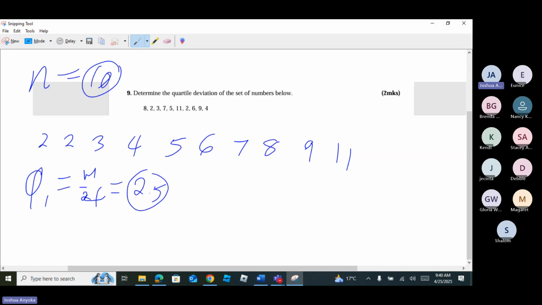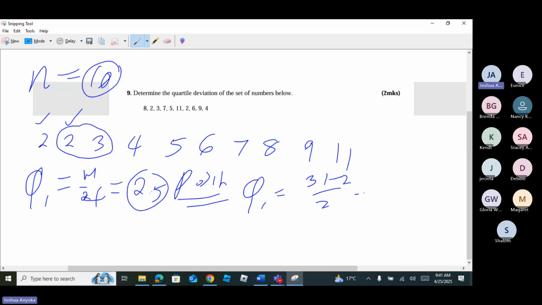You count 1, 2, 2.5. It must land here, so Q1 will be equal to 3 plus 2 divided by 2, which is 2.5.